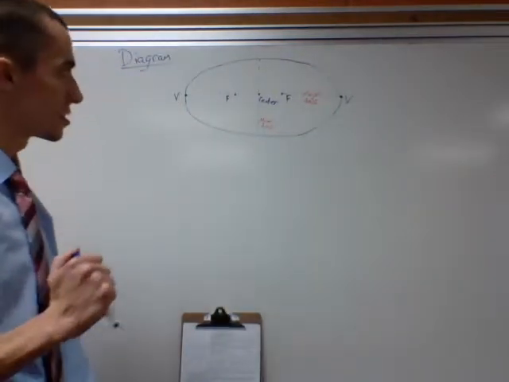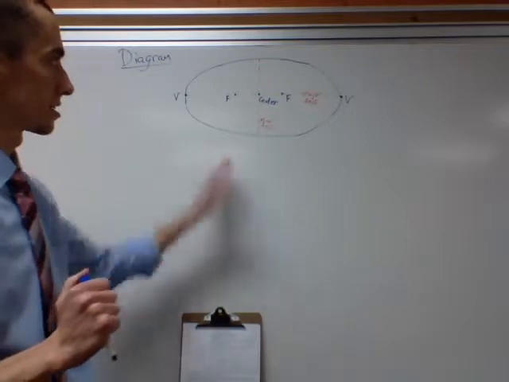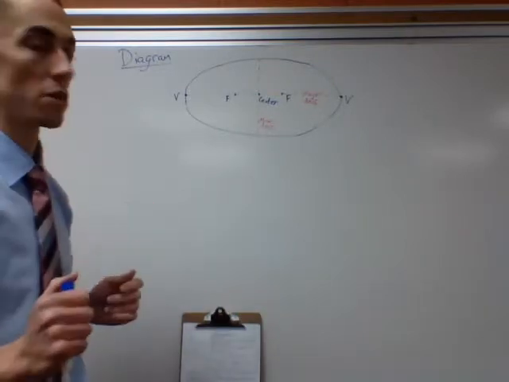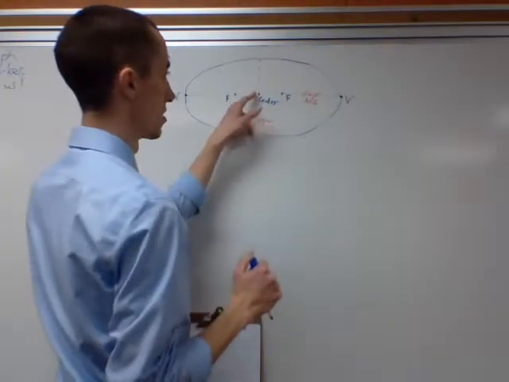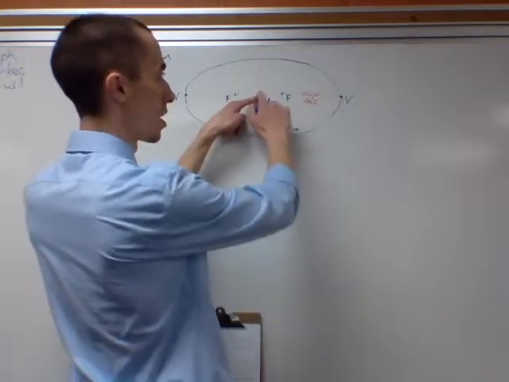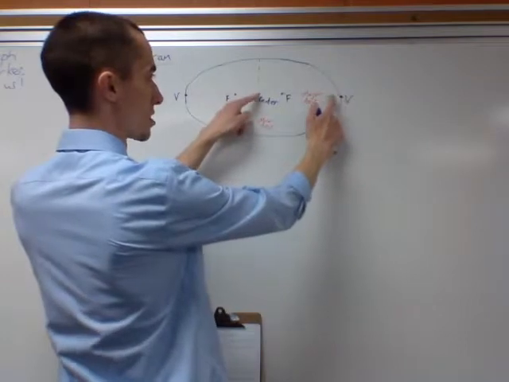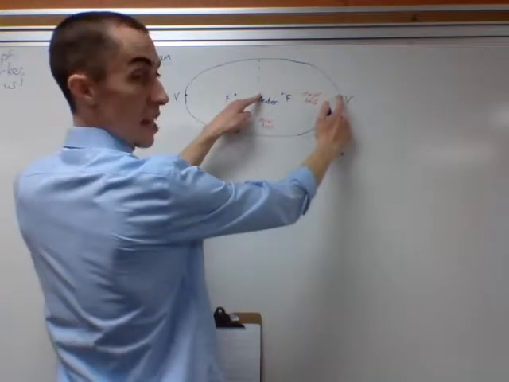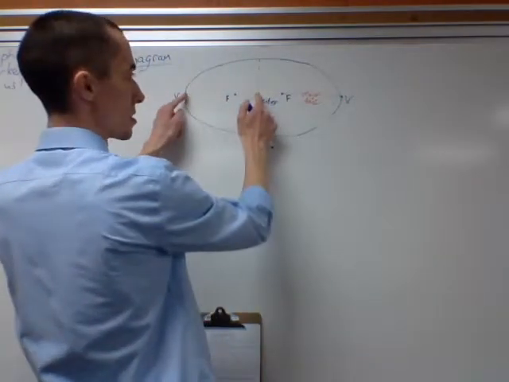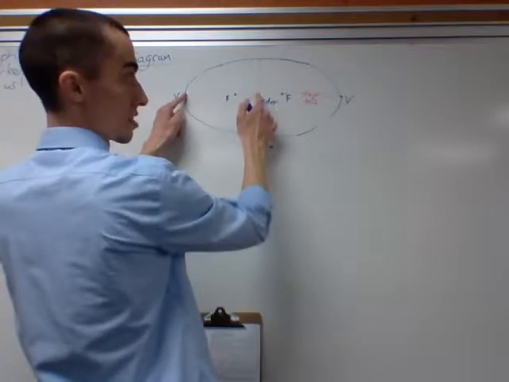Next, a few distances on this diagram are important. One of those distances is the distance from the center along the major axis to the vertex. So this distance right here. Now this should be exactly the same as this distance over here because it's in the center.